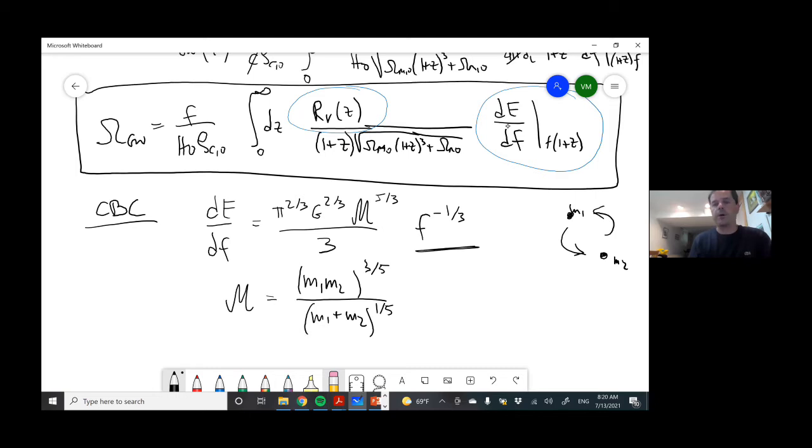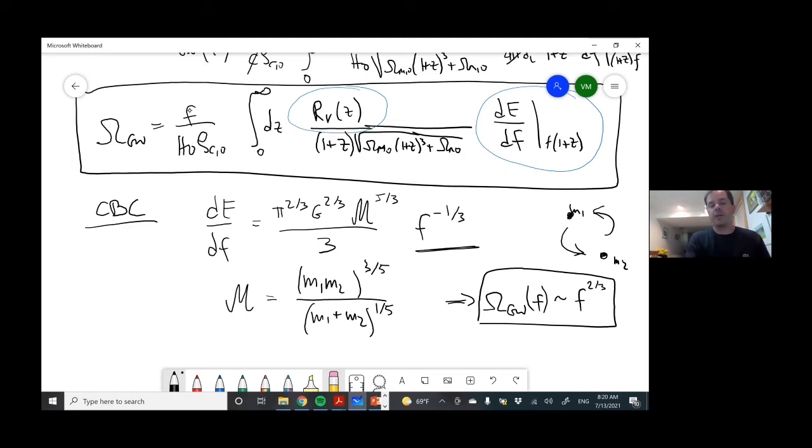So we have f to the power -1/3 and f to the power 1 out front, which means that the energy density for compact binary coalescences will go as f to the power 2/3. Now this piece is really the most important aspect of the gravitational wave spectrum for the CBC model.